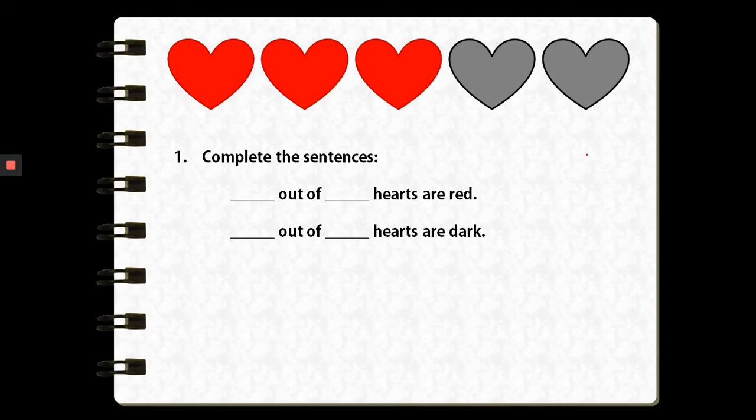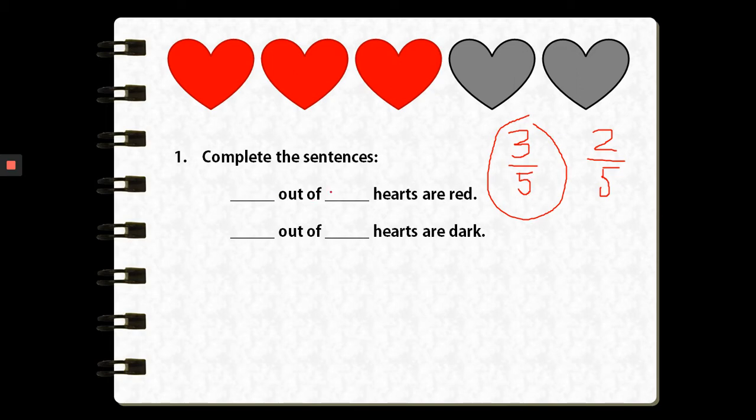Okay, in this case, let's see. For the red hearts, it's 3/5, right? Because there are 5 hearts and 3 of them are red. And for the dark hearts, it's 2/5, right? Because two are dark out of 5. So when we read this fraction, that is 3 out of 5, or 3/5.